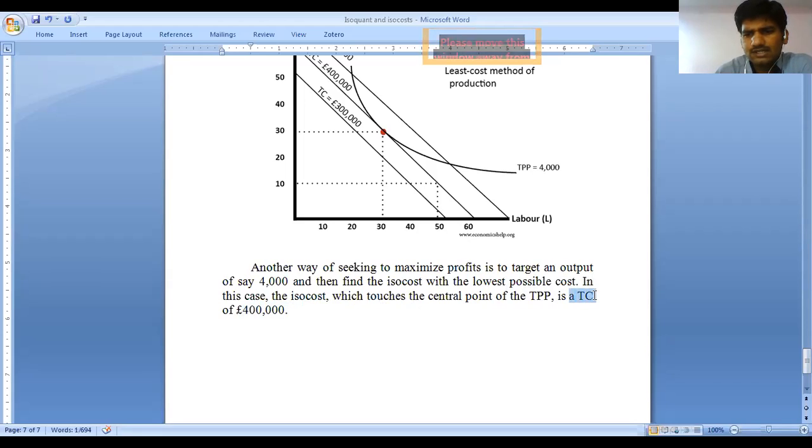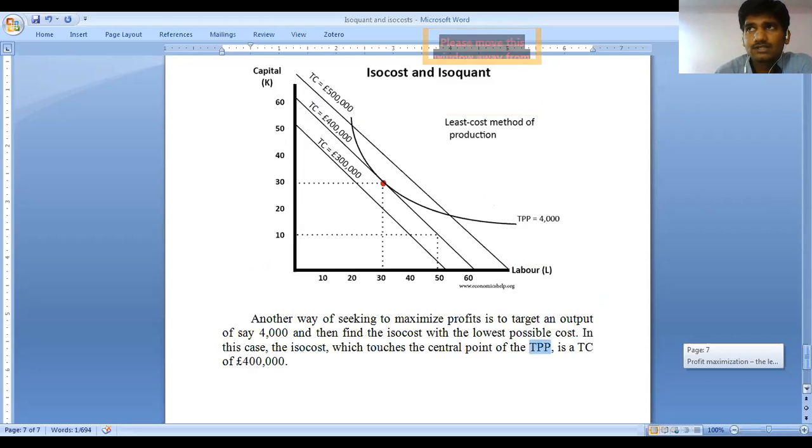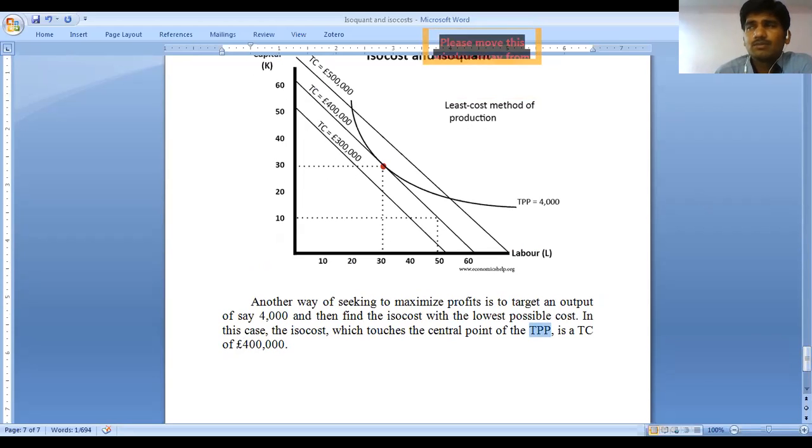TC is total cost, TPP is total physical product. So that's when we will find the maximum profit because of this. The maximum profit is nothing but where we set the minimum of labors and minimum of capitals. By that we are going to get maximum profit at what point.